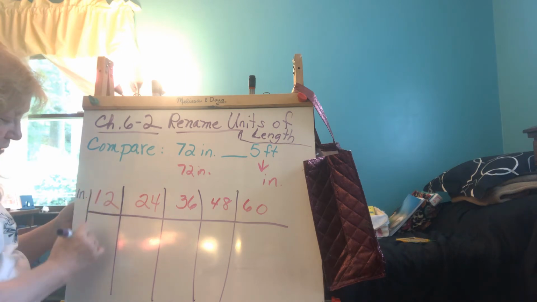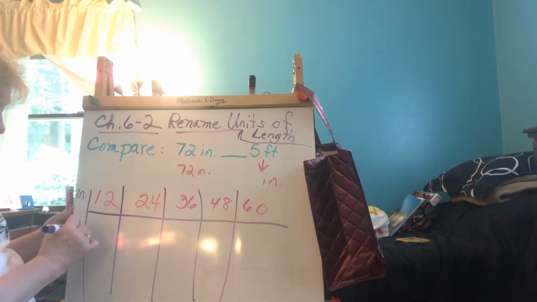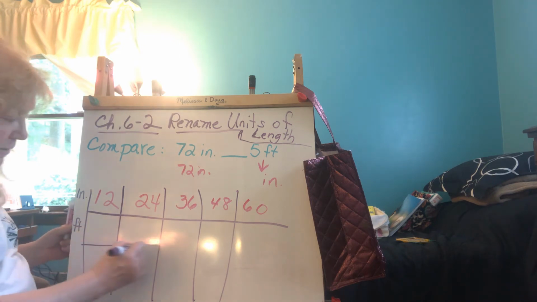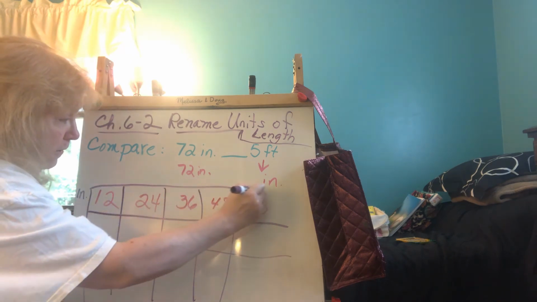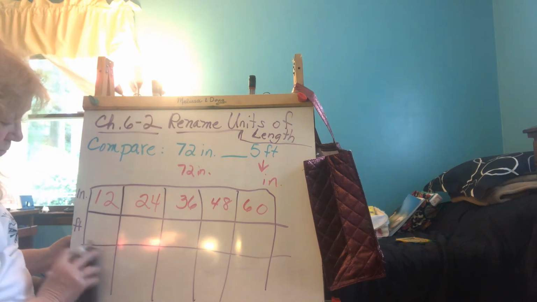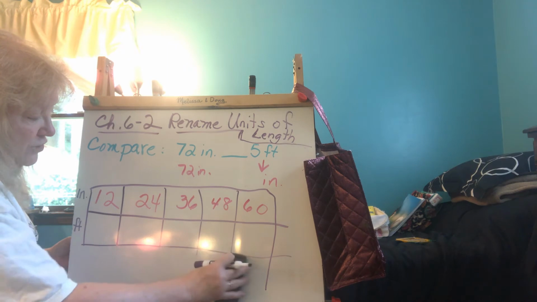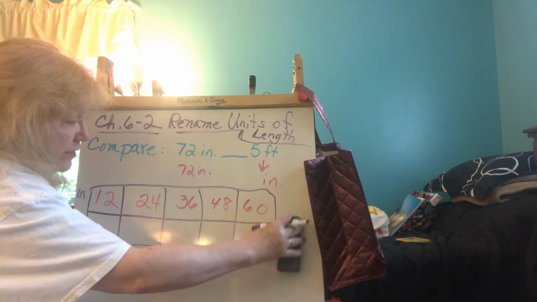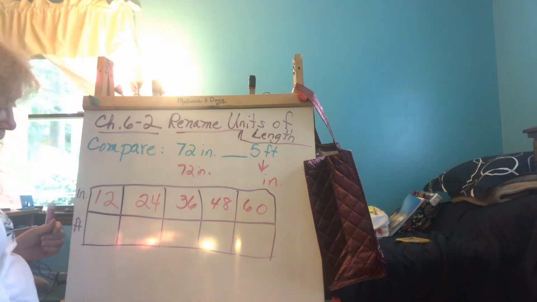So I'm going to label it as such. On the bottom, we're going to put the number of feet that it equals. And I'm making myself a little table here. And I hope that you are doing this at home. You are making yourself a table that looks like this one, just like I just did. If you didn't, you should pause the video and you should copy it now.